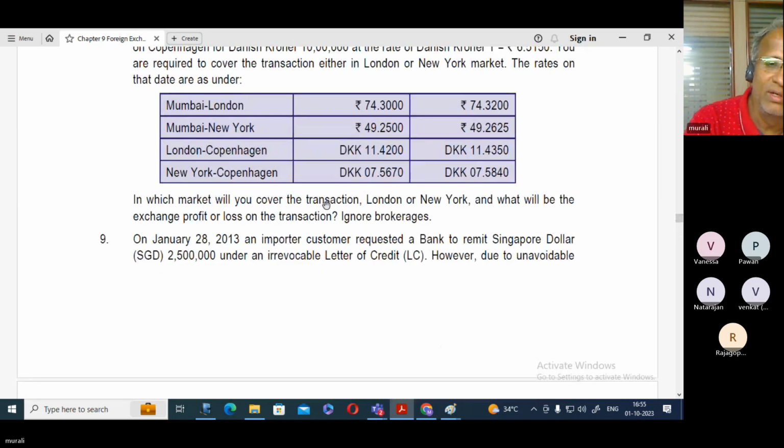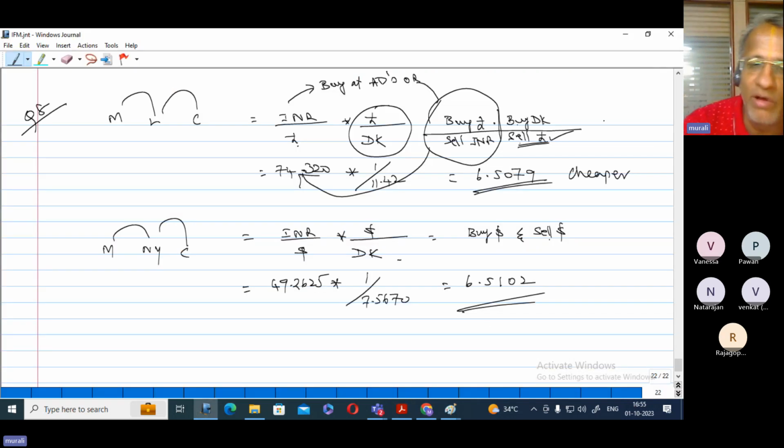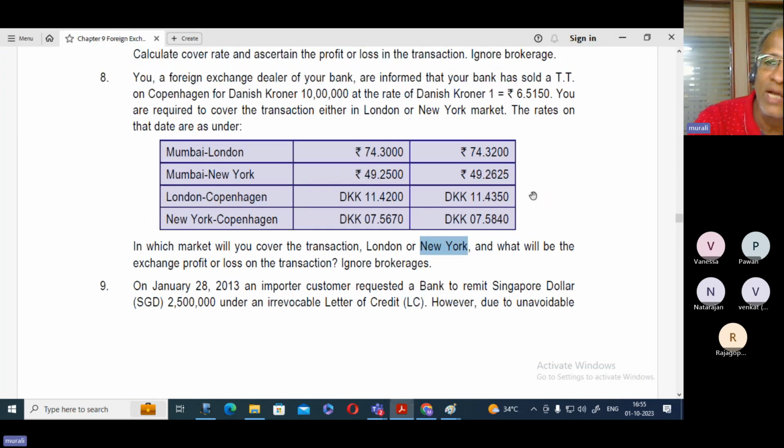In which market will you cover the transaction, London or New York, and what will be the exchange profit or loss? In which market should it be covered? It should be done only through London. What will be the exchange profit or loss? It will be the difference between 6.5079 and 6.5150. That's all.